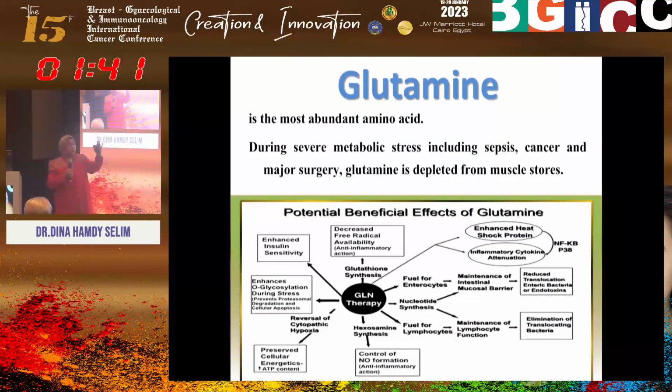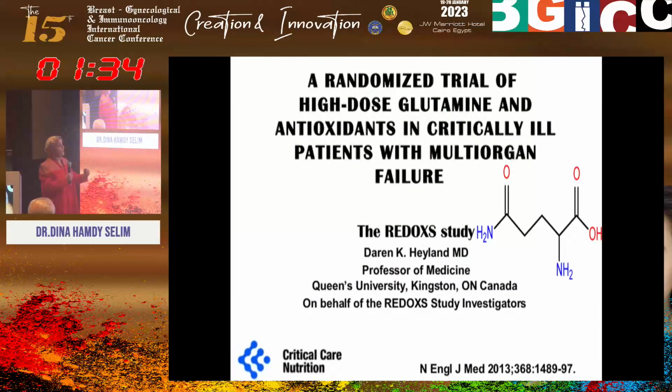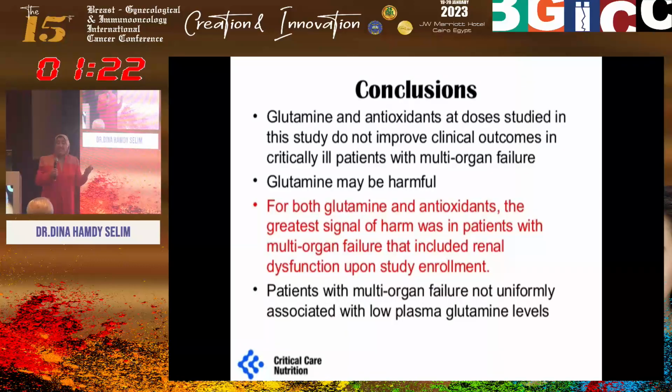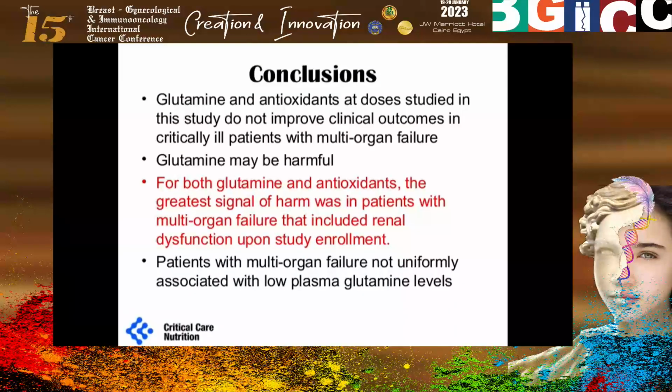The main function is that it is the main fuel for enterocytes lining the GIT. There is a published study, the REDOXS study, a randomized trial of high dose glutamine and antioxidants in critically ill patients. The result is that glutamine and antioxidants harmed patients with multi-organ failure.